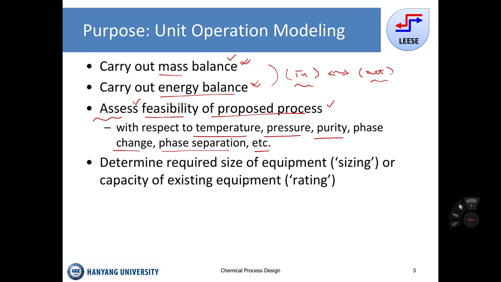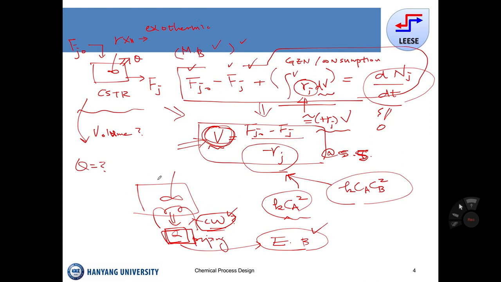So we can use the unit operation modeling for checking the feasibility of the proposed process, okay? Then we can determine the size of the equipment, that is called sizing. Then sometimes we want to check the capacity of the existing equipment, that is called rating. So let's say we have a heat exchanger.